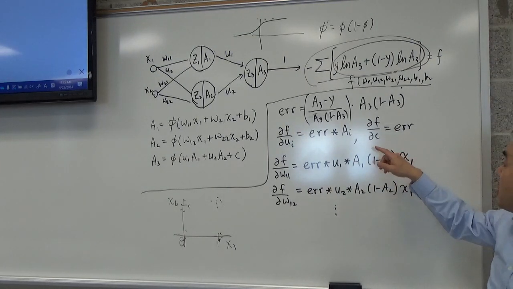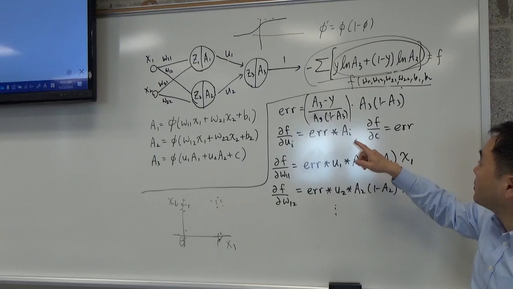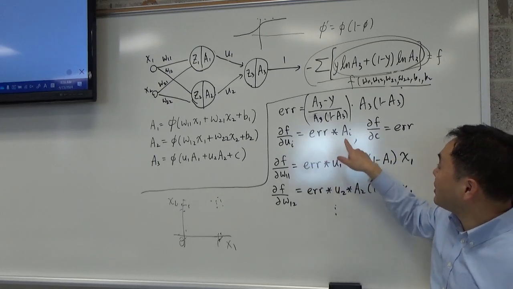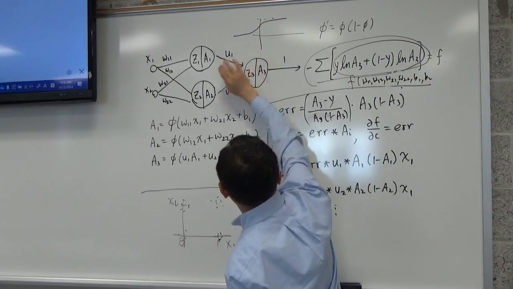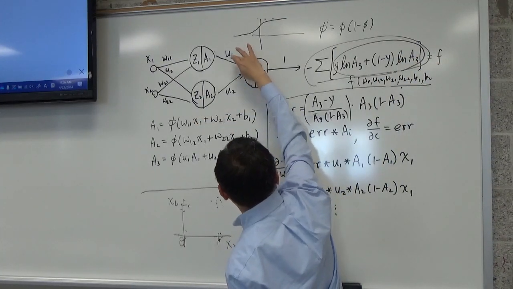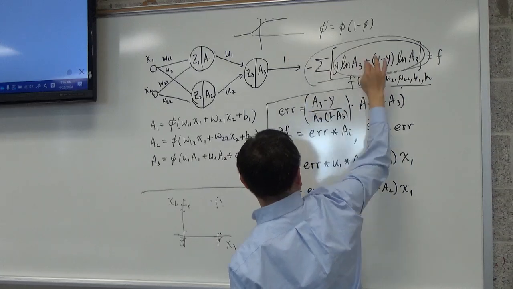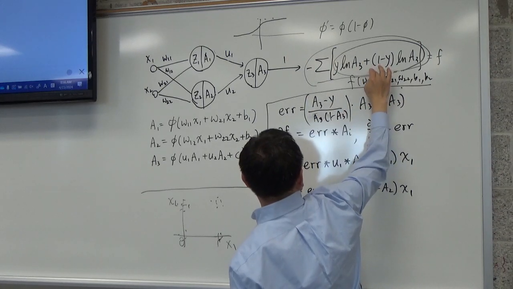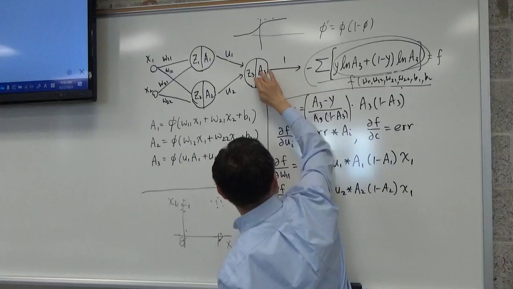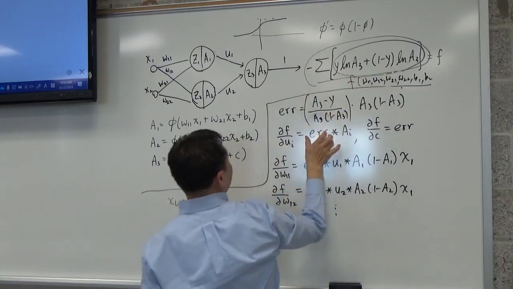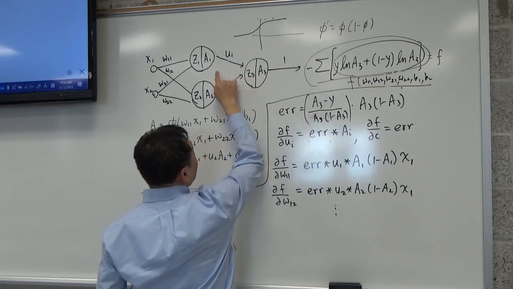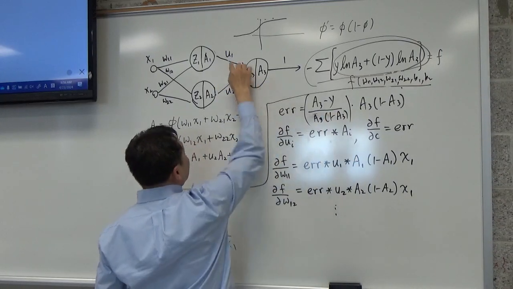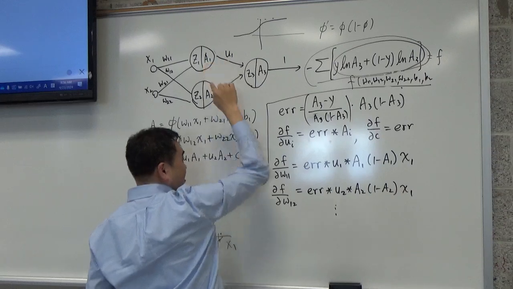Okay, and then when you read this, let's see how f is being affected by u1, and it goes like this. u1 goes through a3 and 1, and then this function. So this times this much is the error, right? And then it multiplies by a1 because a1 is the input.